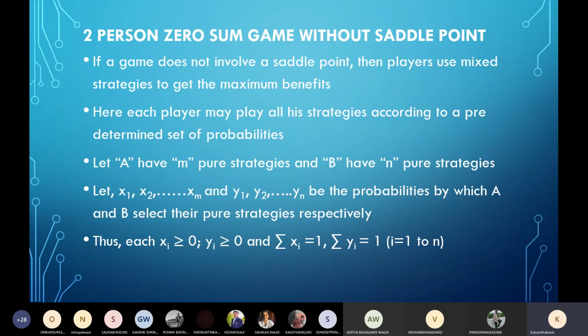So x1, x2, x3 up to xm will be strategies played by player A, and y1, y2, y3 up to yn will be the pure strategies played by player B. Therefore, xi should be greater than or equal to 0 and yi should be greater than or equal to 0. This is the condition to signify zero or positive values of probabilities.